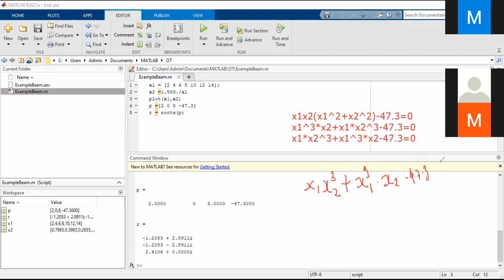This is the equation. Clear? Okay. So now what can we do?